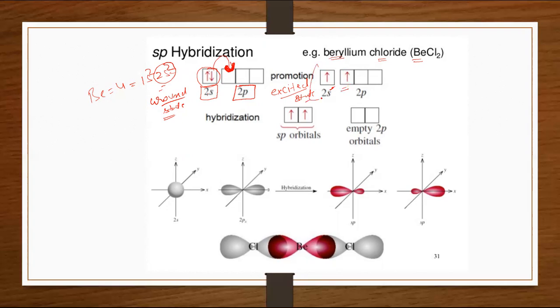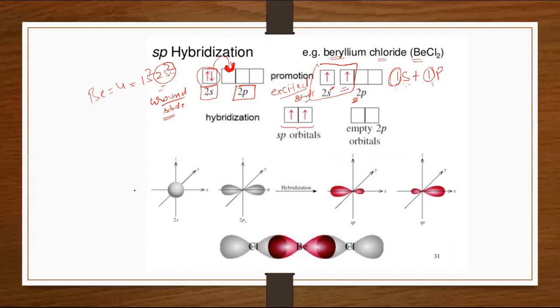So the orbitals participating in hybridization are one s orbital and one p orbital. Here one suggests the numeric number, it does not suggest the principal quantum number. So there are one s and one p orbital participating in hybridization.